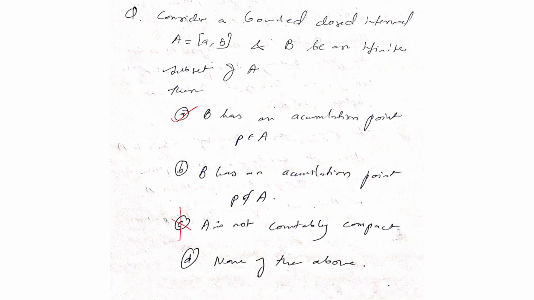So the statement that A is not countably compact is wrong. Is it clear? Using this definition also, we can prove that the space is countably compact.